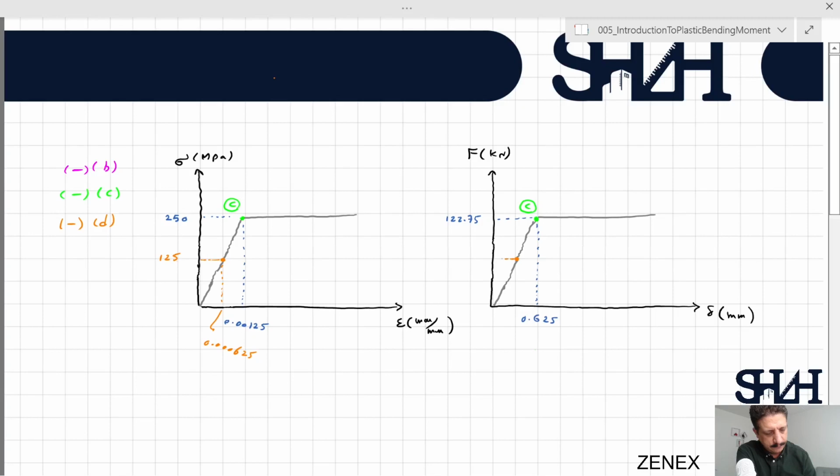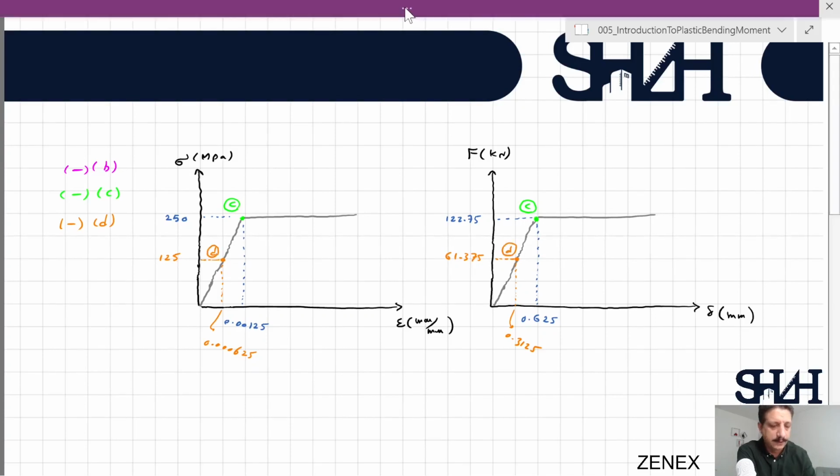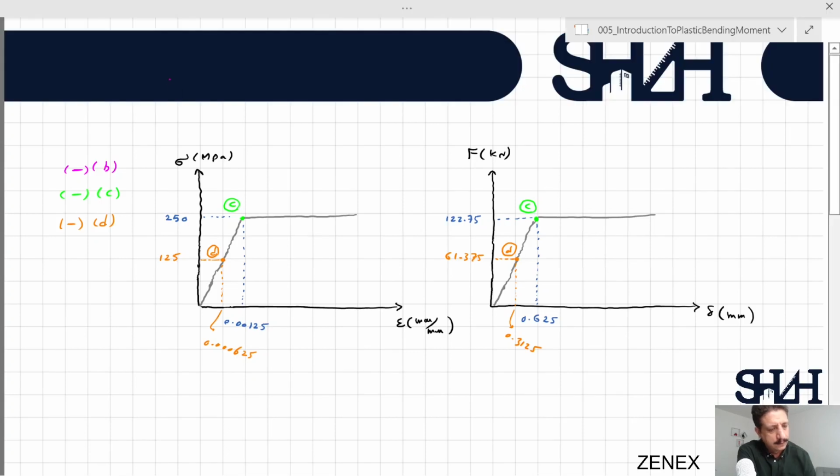And here it will be 61.375 kilonewton, and the deformation is 0.3125 millimeter. Element D, and also element D prime. And now we know that the element B deformation is 0.94 millimeter, so it will be somewhere here.